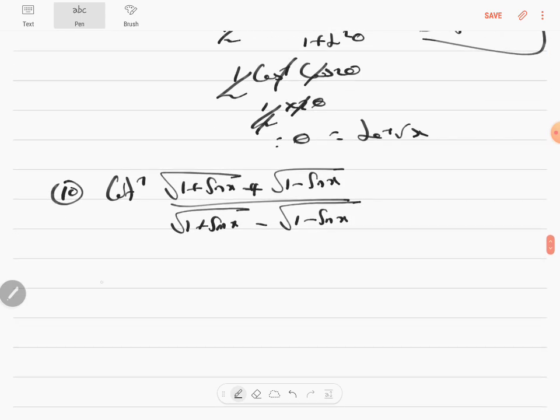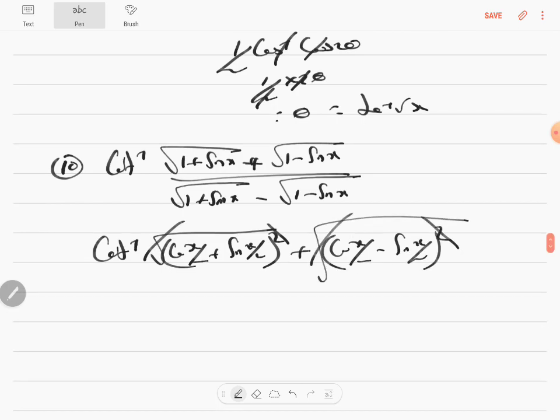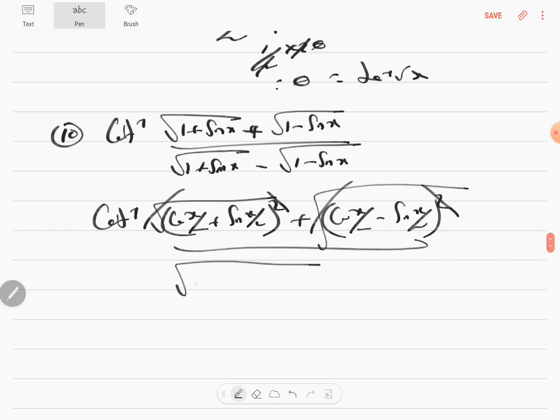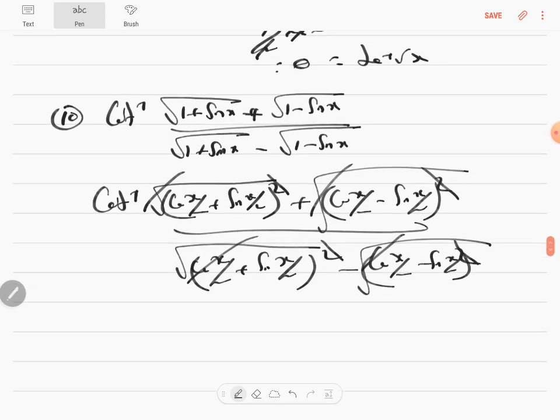Root of 1 plus sin x is root of (cos x by 2 plus sin x by 2) the whole square, where the root and square get cancelled, plus root of (cos x by 2 minus sin x by 2) the whole square, with the root and square cancelled, by root of (cos x by 2 plus sin x by 2) the whole square, root and square again cancelled, minus root of (cos x by 2 minus sin x by 2) the whole square, with the root and square cancelled.